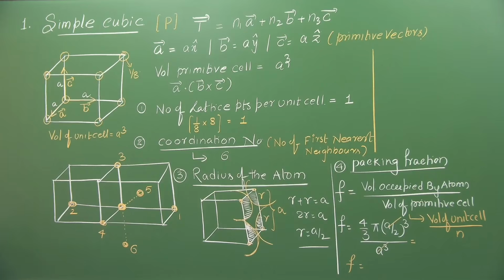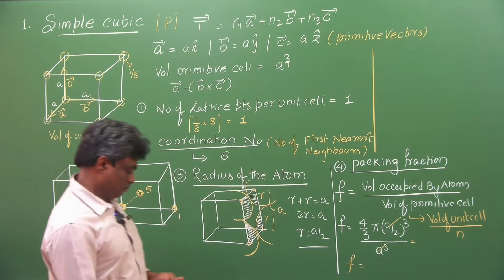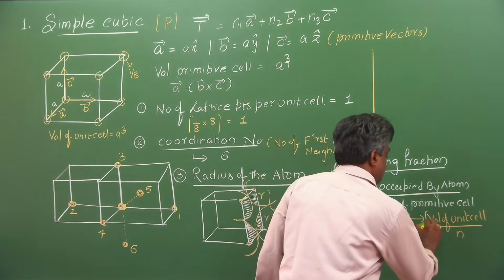Always remember, volume of primitive cell is minimum. That's why volume of primitive cell equal to volume of unit cell by n, where n is the number of lattice points per unit cell. Anything you can use, no issue.